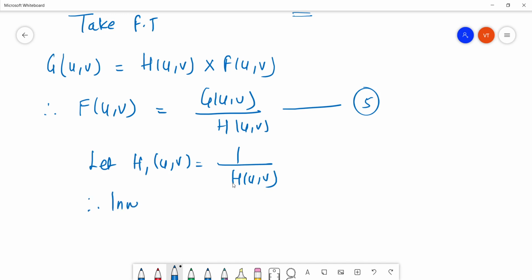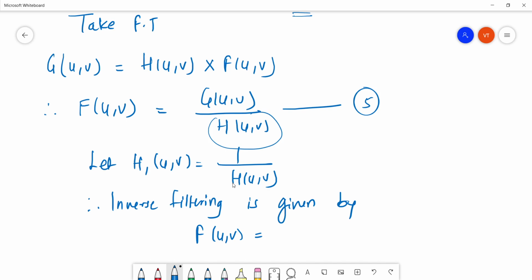Therefore, inverse filtering is given by capital F of u,v equal to H1 of u,v into G of u,v.